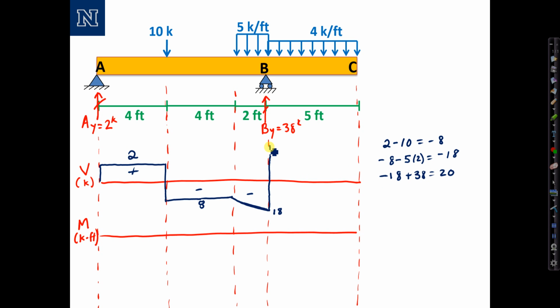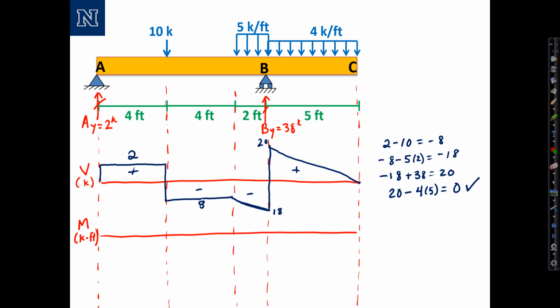Again, the shear is going to decrease linearly over the right-hand portion of the beam due to the distributed load acting downward, and the value at the end we can calculate as 20 minus the value of the distributed load, 4, times the length over which it acts, which is 5, and the result is 0. And that's what I was hoping to see, because I know that my shear diagram should always return to 0 at the other end. So that's my sanity check on whether it's right or not.